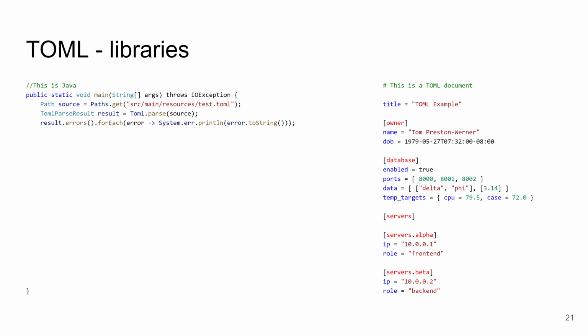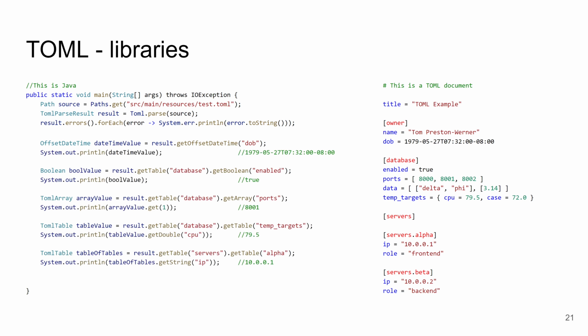I will again show you a snippet from Java code, which shows how you can load a TOML file, for instance, using a TOML library for Java. First, we'll of course load the file and let the TOML library parse the file. If there are no errors, which would be outputted to the error output on the console, we can continue with actually loading the individual key value pairs.